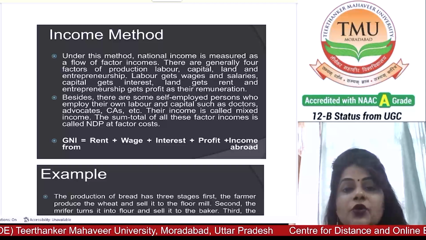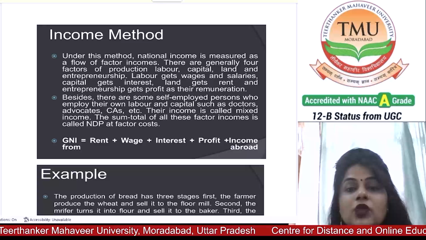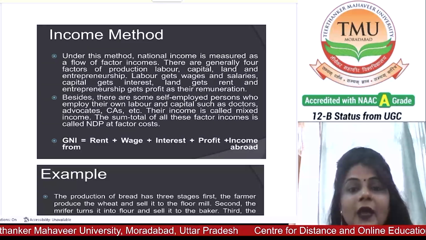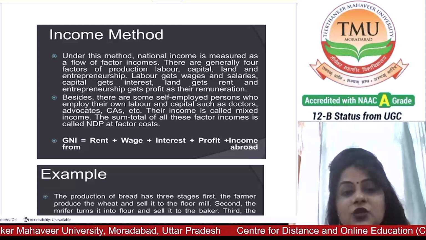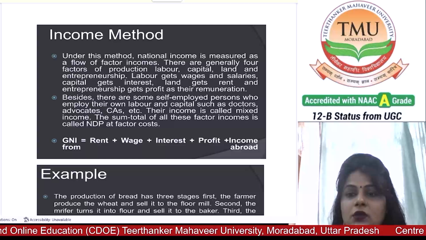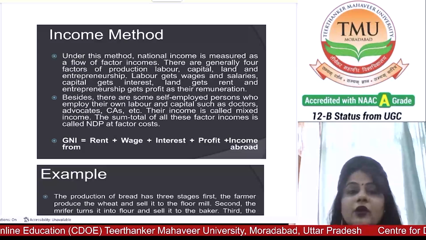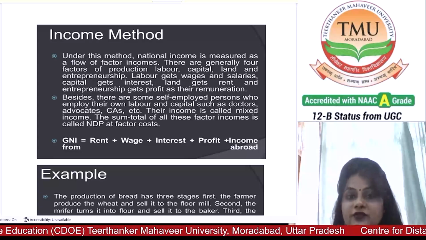Companies distribute the profits they make by paying income tax to the government and dividends to shareholders. The amount left over after paying tax and dividends is called undistributed profit. So, profit is the income or reward of the entrepreneur for his contribution to the manufacturing of goods and services.